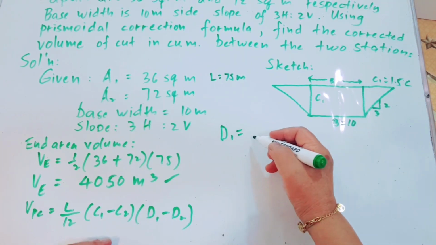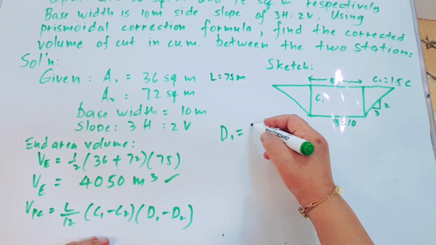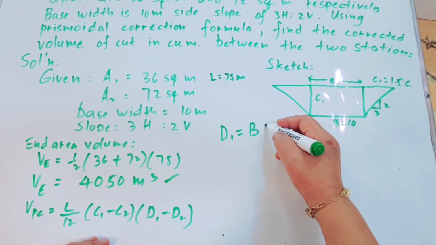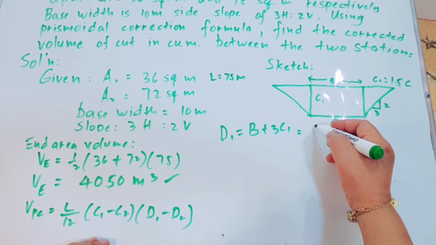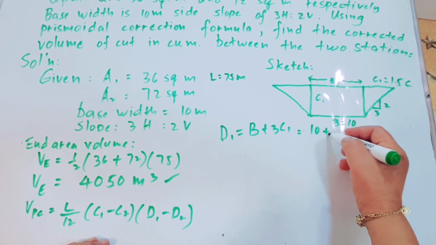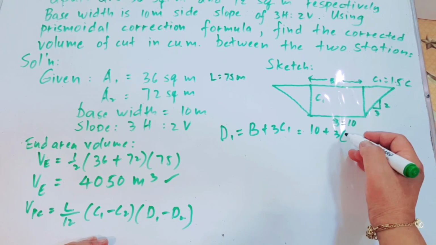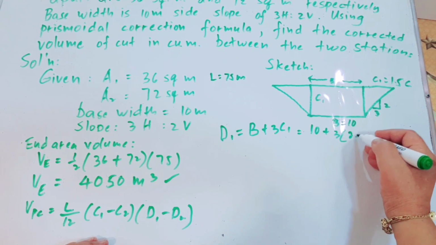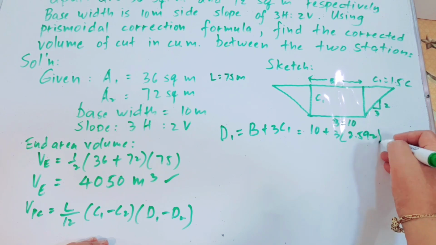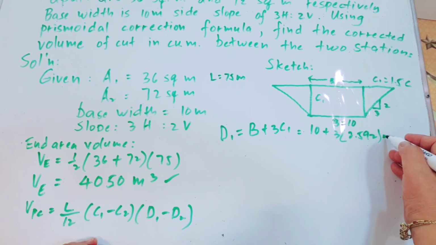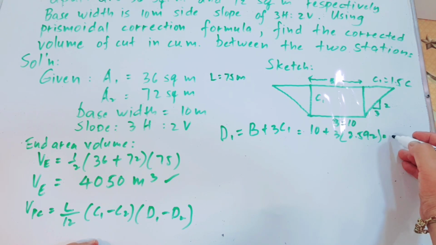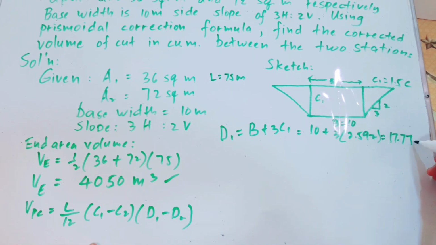D1 is equal to the base plus 3C1, which is 10 plus 3 times 2.592, equal to 17.776.